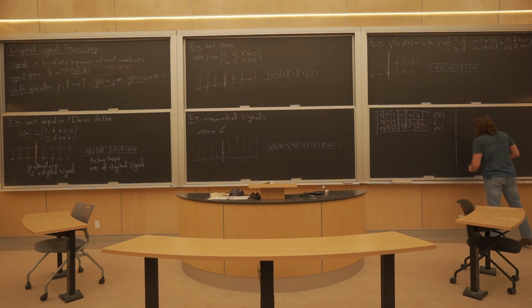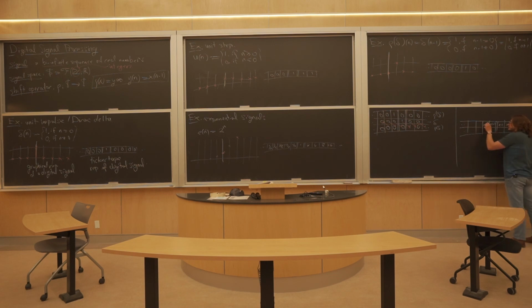So if you have an arbitrary signal, let's call it x, and if you apply rho to it, this is what happens. Again, I want to synchronize the signals. So I'm starting like this. x of 0, the value of the signal x at time 0, x of 1, x of 2, and so on.